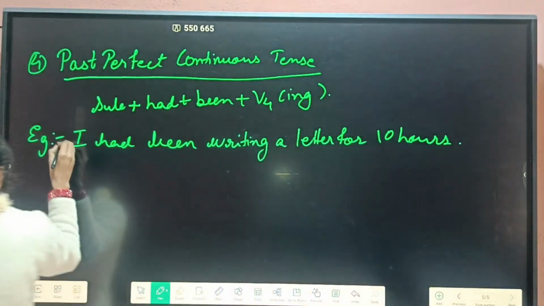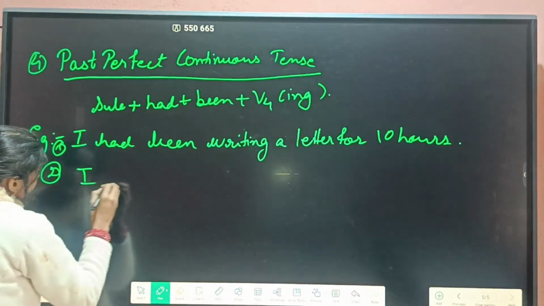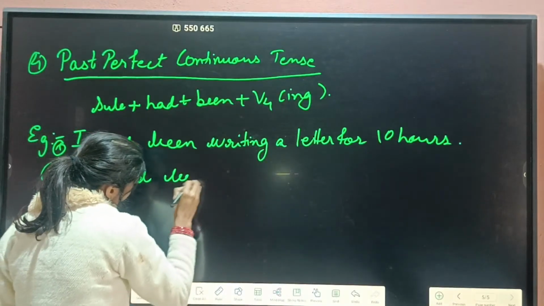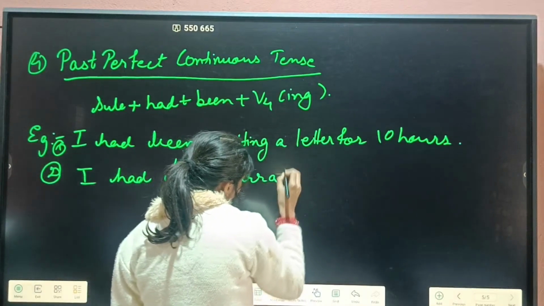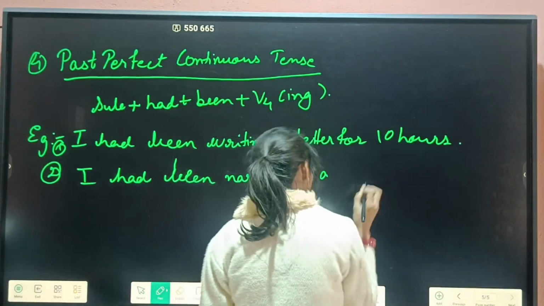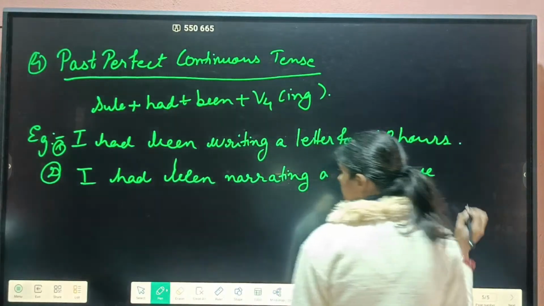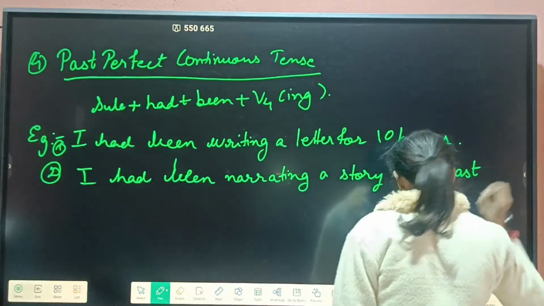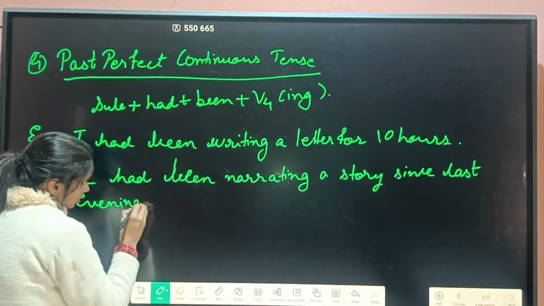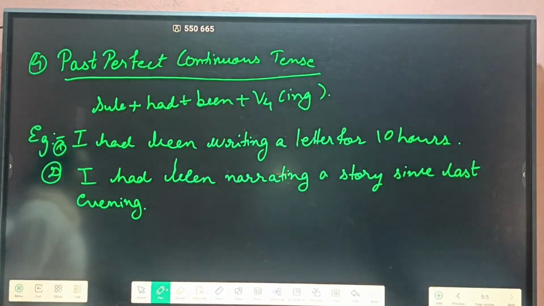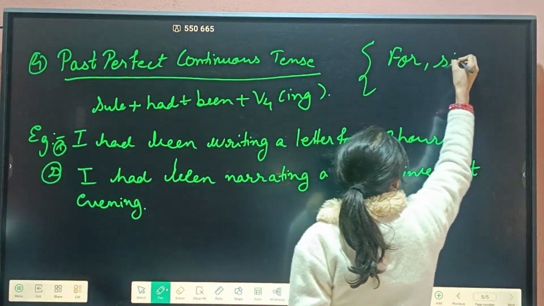Or another example that we can write here: I had been narrating a story since last evening. So what are the indicative words here? Our indicative words are for and since.